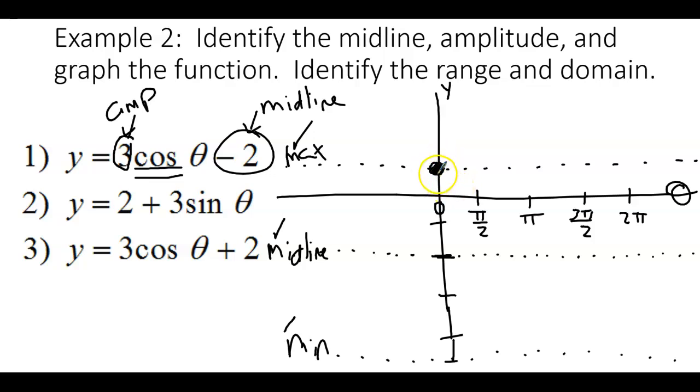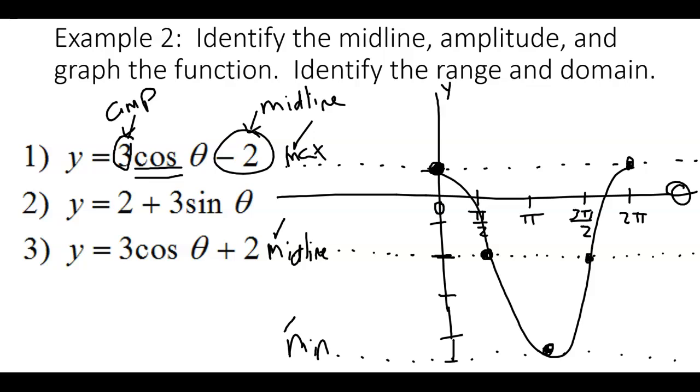After that, it's going to follow the pattern. We're going to go over 1, down to the midline, over 1, down to the minimum, over 1, back up to the midline, over 1, back up to the max. And there's that.